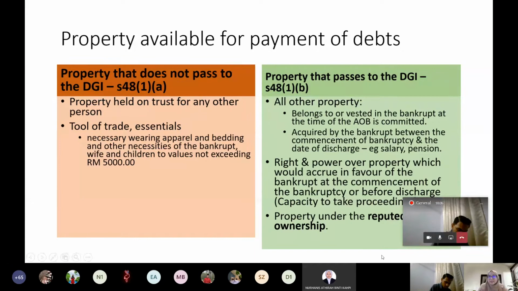The third one is the property under reputed ownership. Okay, this requires further explanation. What is the property which is under reputed ownership? So this is the content of section 48 subsection 1B. So we look at what is the property which is under the reputed ownership.